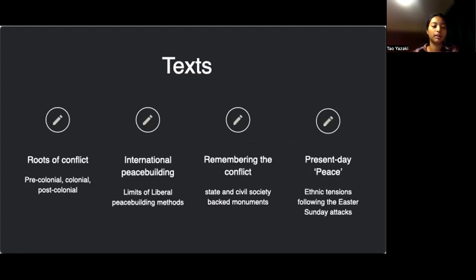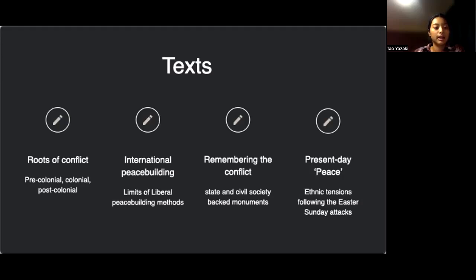So I thought it might be interesting to look at what people have been saying the roots of civil war are, and maybe that would open up comparisons between the civil war in Sri Lanka to other conflicts and other peace building in the world.